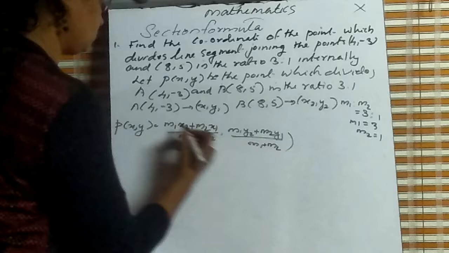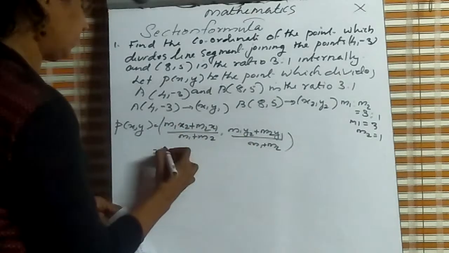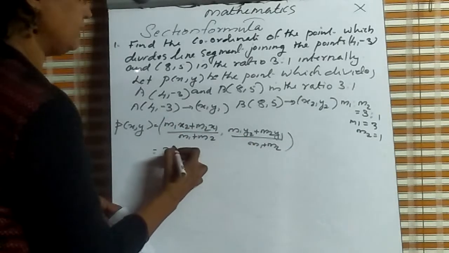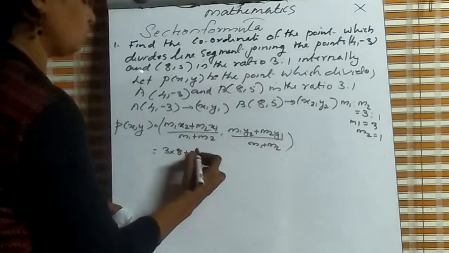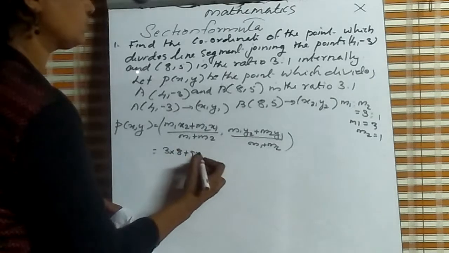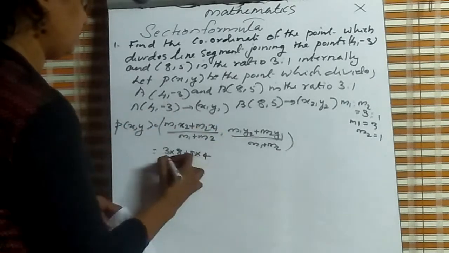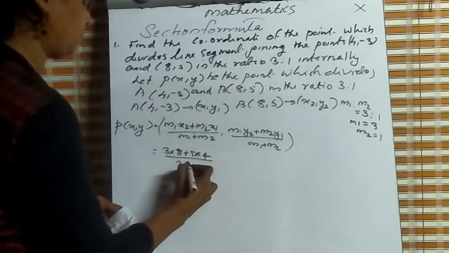Substitute the values. m1 3 into x2 8 plus m2 1 into x1 4 divided by m1 plus m2, 3 plus 1.